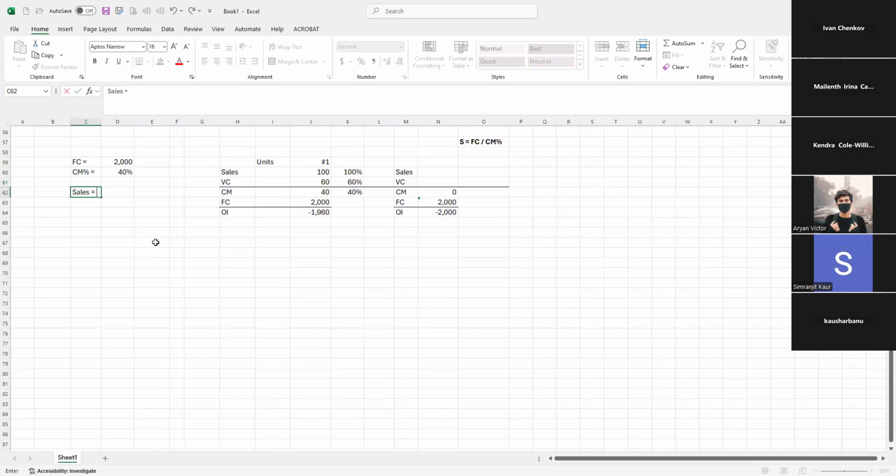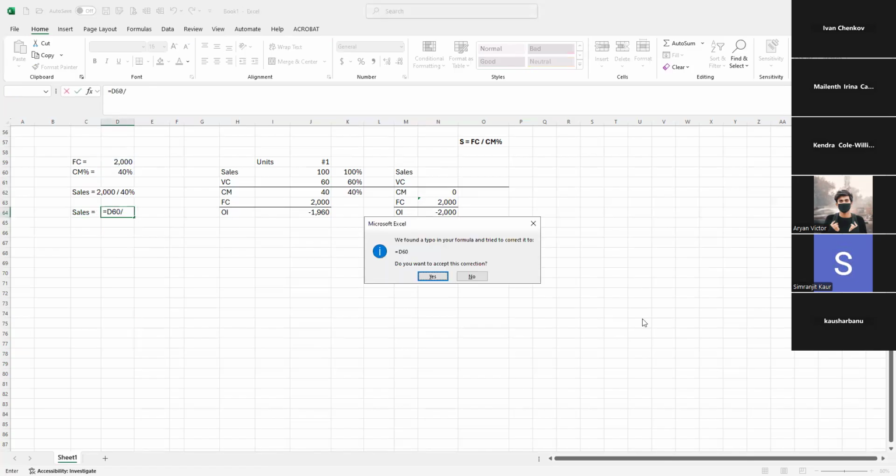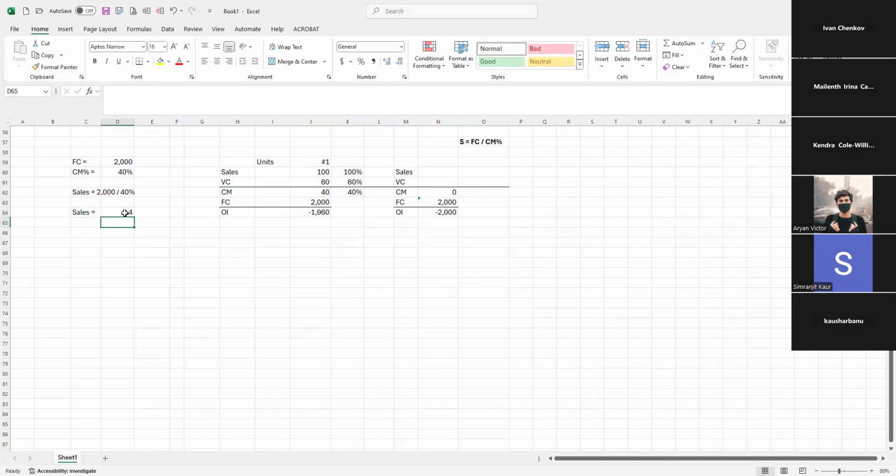It's going to be 2,000 divided by the contribution margin ratio, which is 40%. And if we do that, how much should my sales be? Sorry, this one divided by this one.